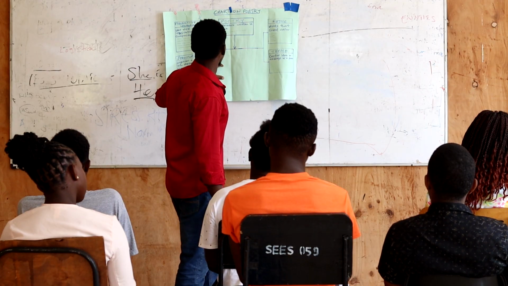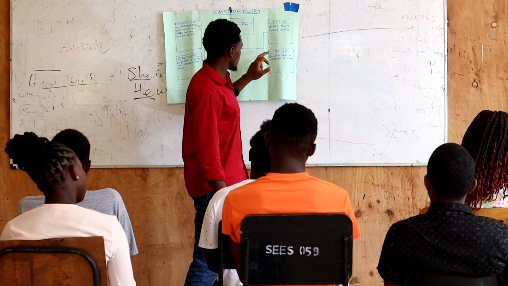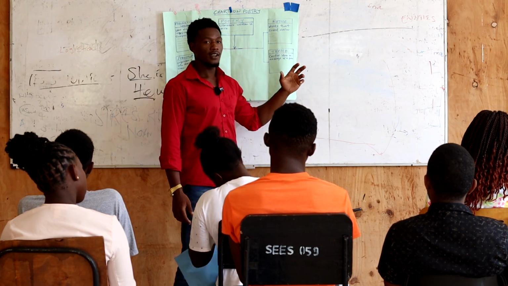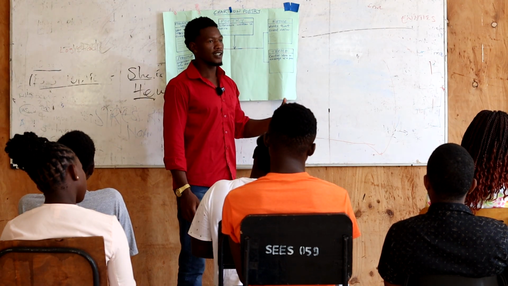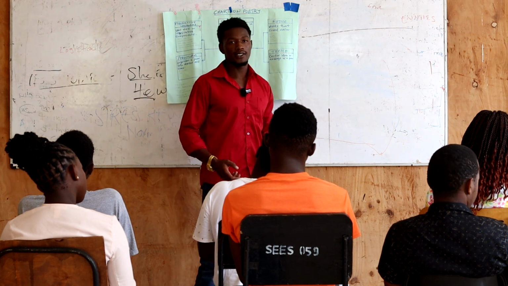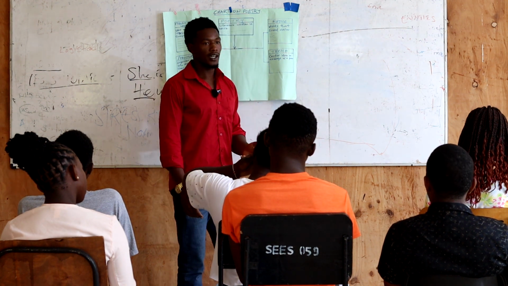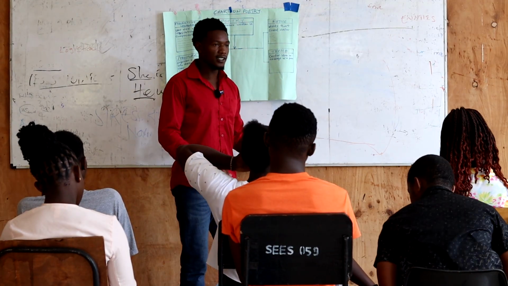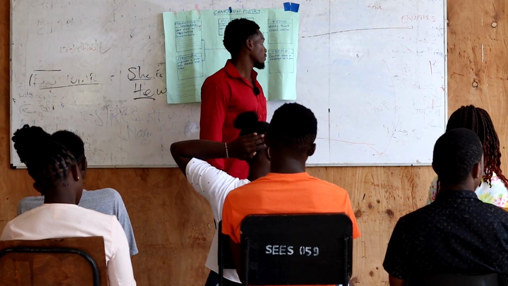We are going to look at other elements of poetry, such as theme. Theme is the central idea of what the poet is trying to communicate, or you as the reader, the message that you get from the poem.